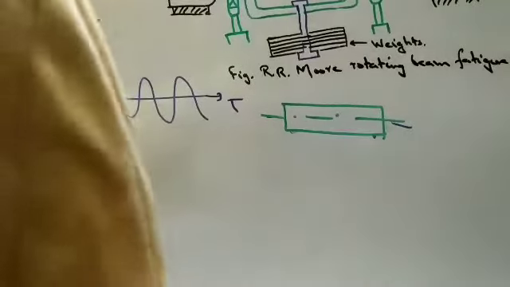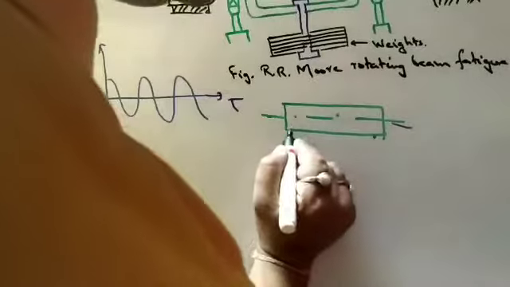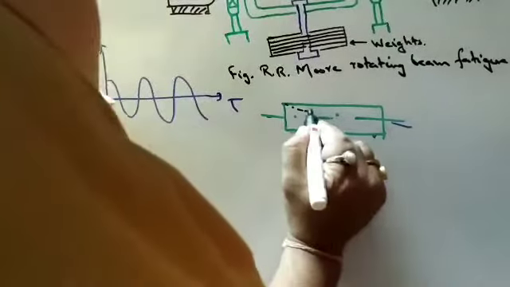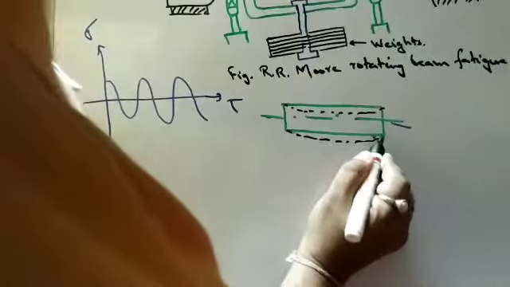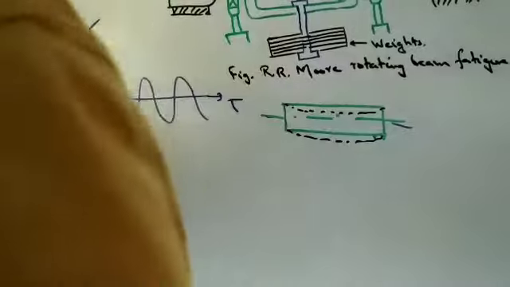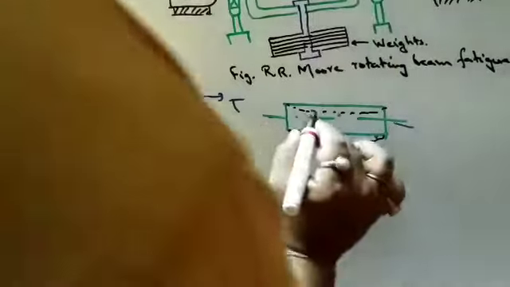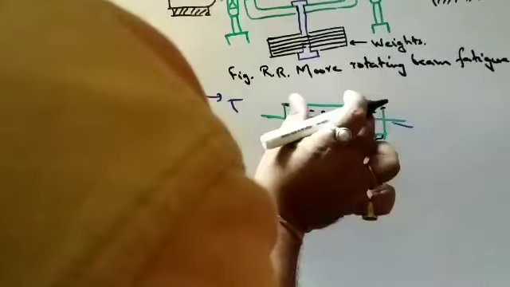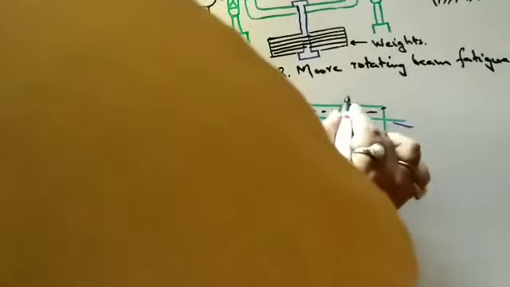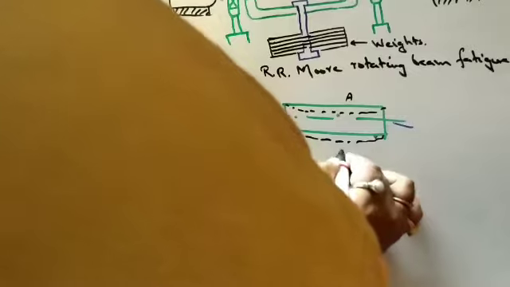Basically this portion moves down for a static loading. Suppose the specimen is not rotating and you are giving a load to it. This point is under compression and this point is under tension. We take these points as A and B.